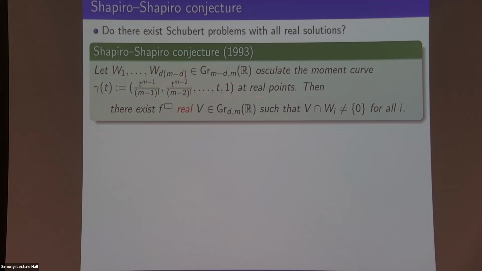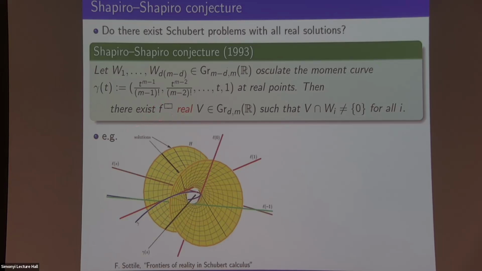I choose a real point t, and then W_i is spanned by gamma of t, the first derivative of gamma at t, the second derivative of gamma at t, and so on until I get m minus d vectors to span an m minus d dimensional subspace. Then the conjecture is that, first of all, the behavior is generic, so we have the expected number of solutions, and that all the solutions are real.